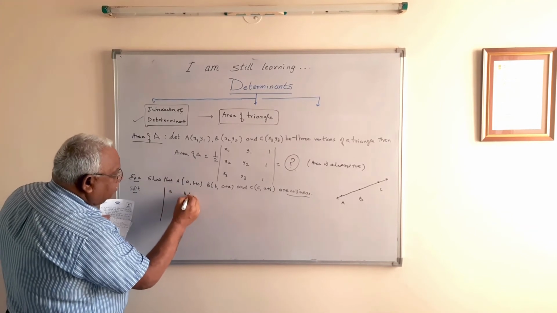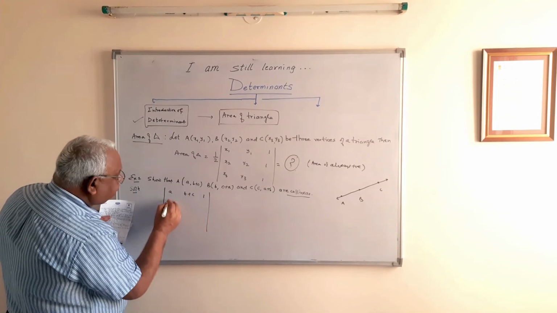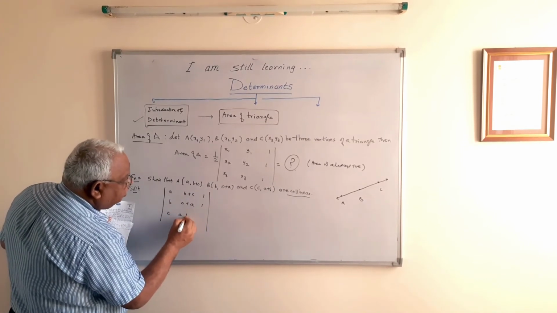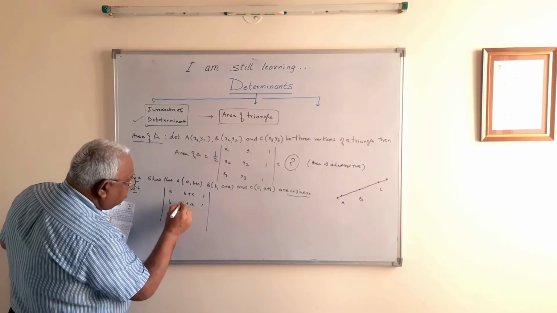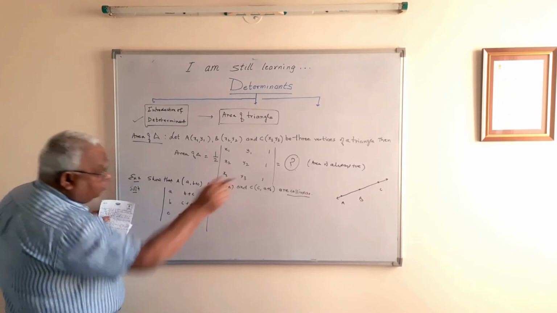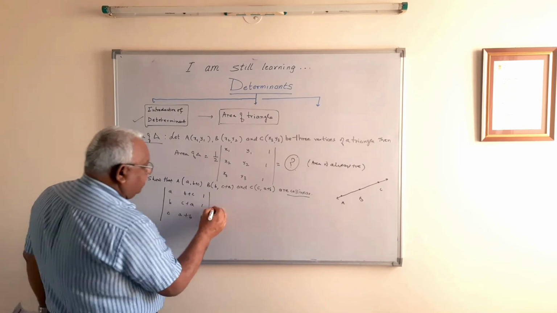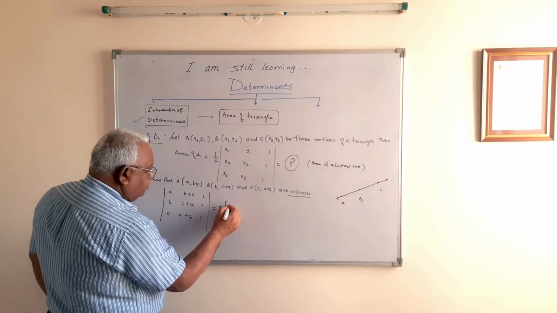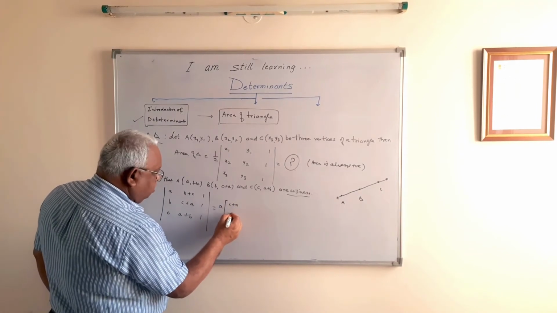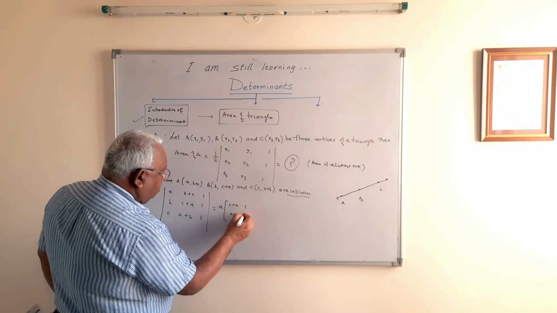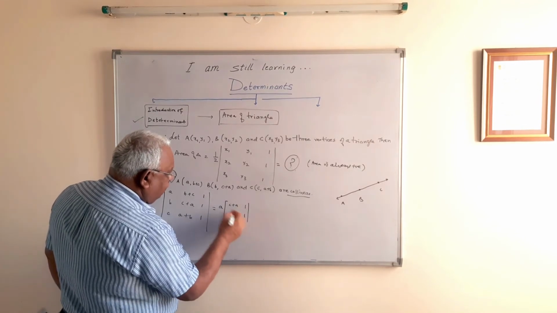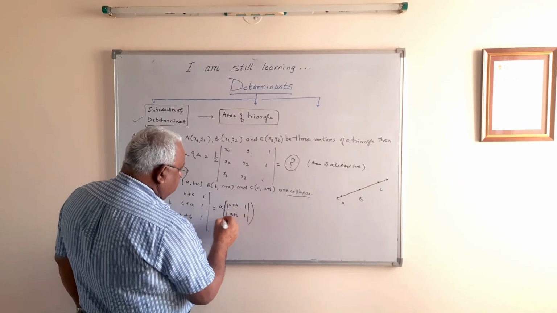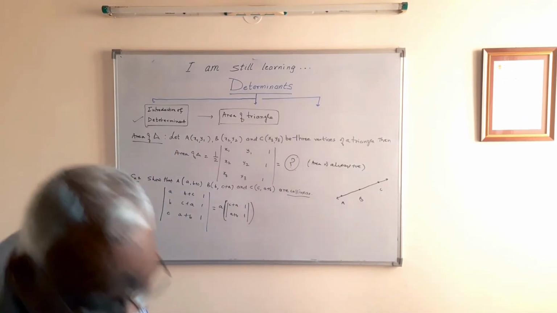A, B plus C, 1. B, C plus A, 1. C, I hope this is clear. You can copy down from there and now you expand it. So what do you get? A times C plus A plus B, 1, 1.